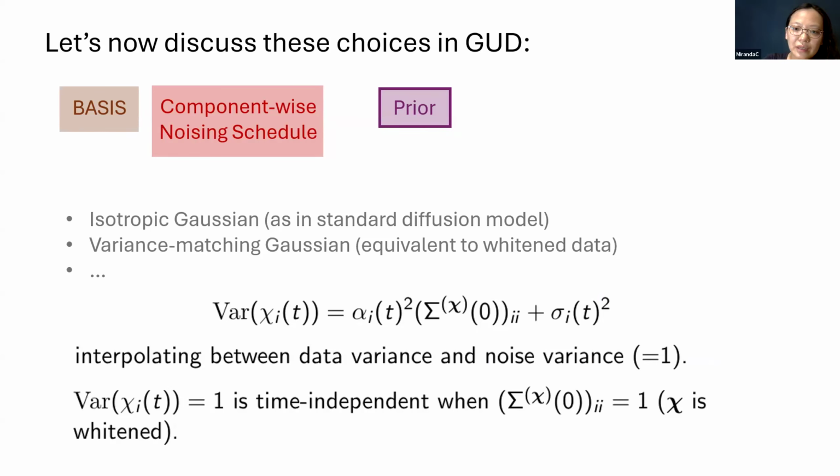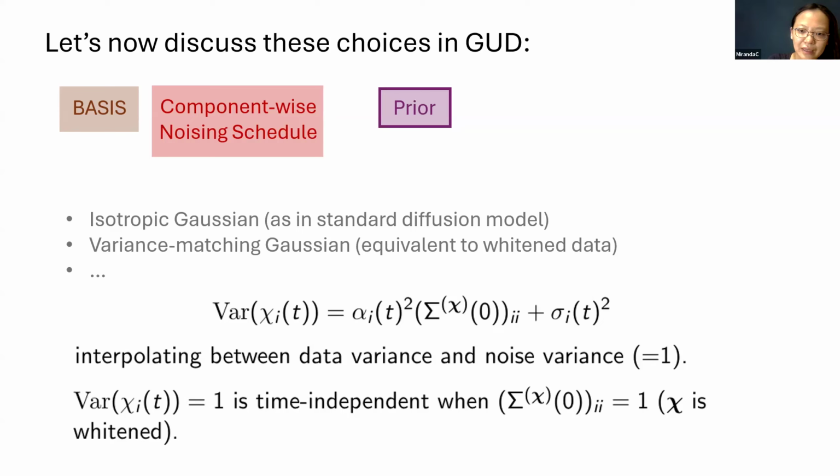And the second choice I'd like to talk about is the prior. Namely, what kind of noise you add to the data. You could do things as usual, as in the standard diffusion model, namely you just use isotropic Gaussian. Or, looking at the time evolution of the variance, we see that it interpolates between the data variance and one.